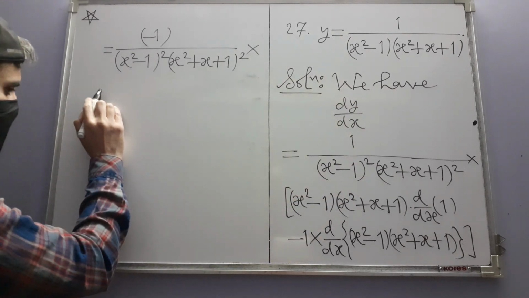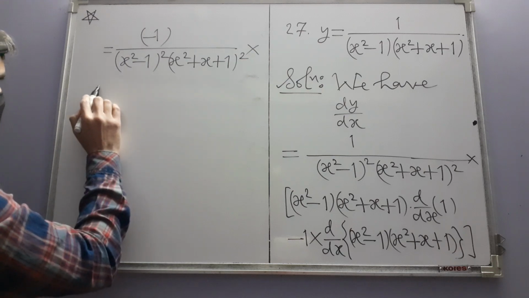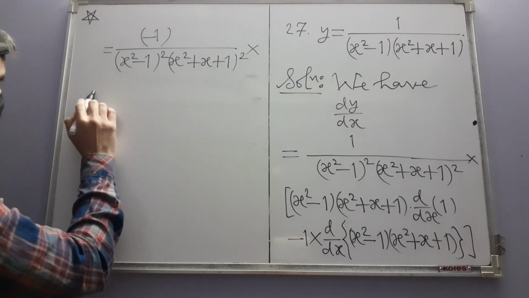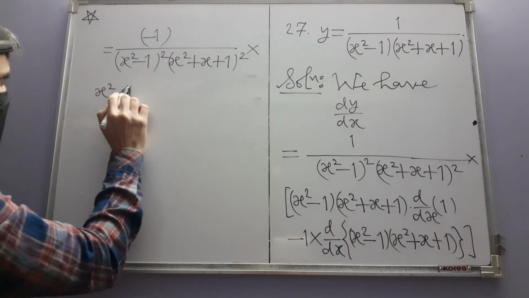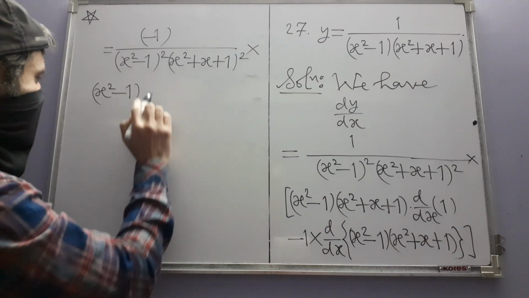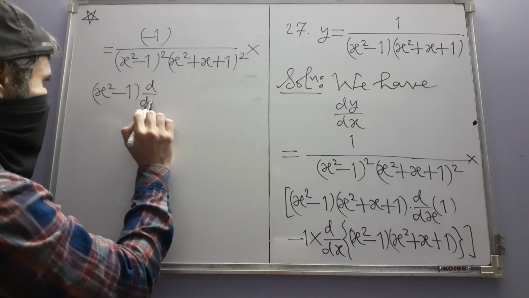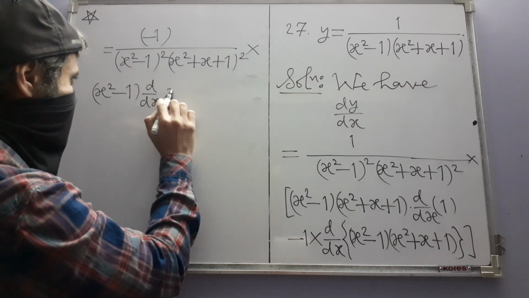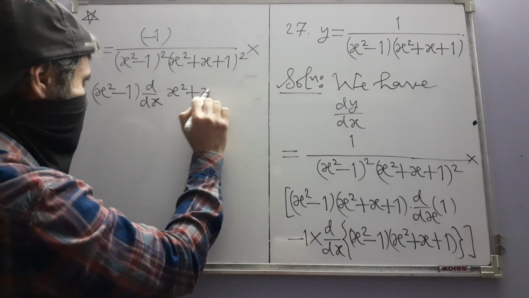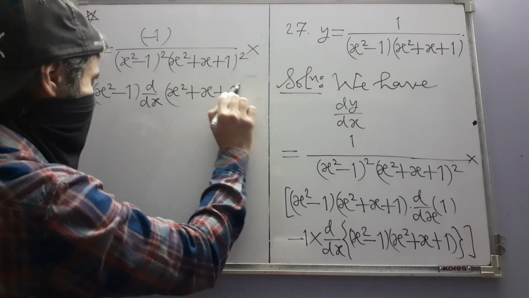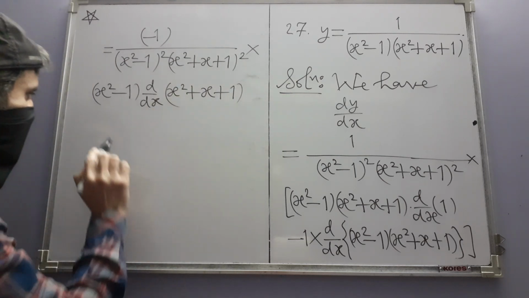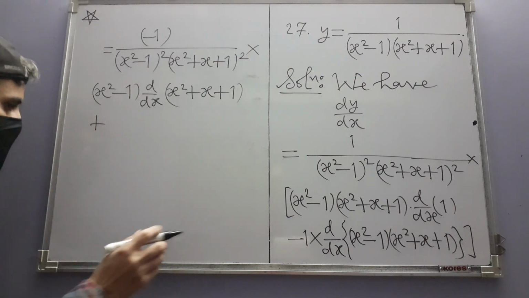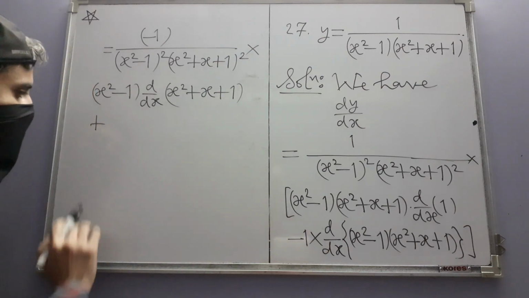So if I now use the product rule, let me first keep x square minus 1 as it is times d dx of x square plus x plus 1 plus, not minus this time, because it's the product rule, so plus.